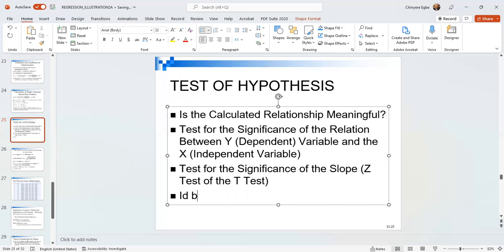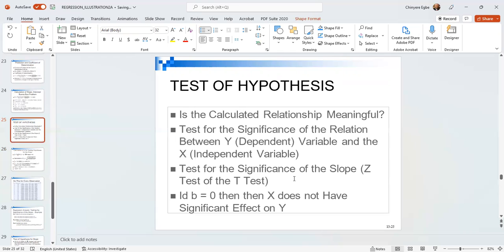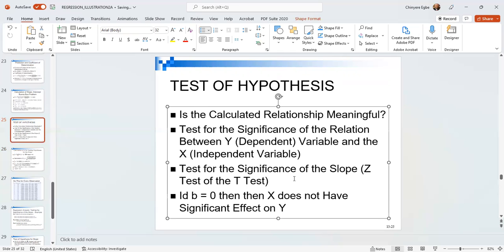If B equals 0, then X does not have a significant effect on Y. That is to say that the independent variable does not significantly affect the dependent variable.